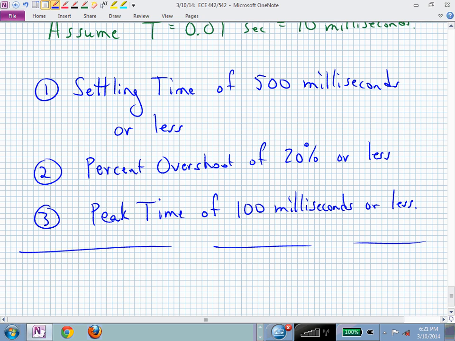Now, we want to translate those design constraints into two complex conjugate poles that will dominate our behavior. We want to say, okay, if we have these specs, can we now create two poles that, if we obtained those as our closed loop poles in our system, we would satisfy these design specifications.